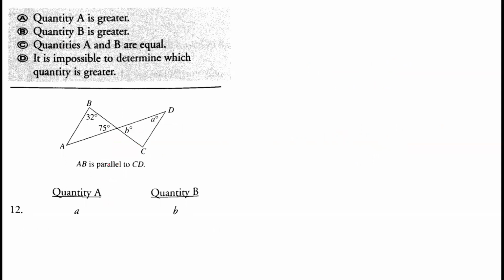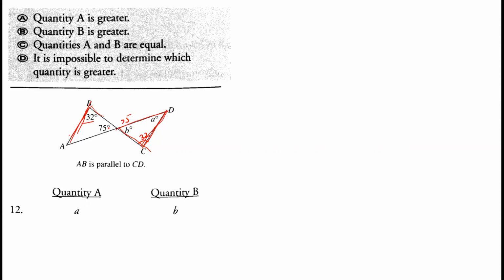So we have this question, AB is parallel to CD. So A and B and C and D. So these are parallel. So if this is 32, then this angle will be 32 as well. If this is 75, then B will be 75. So this is your triangle. In a triangle, there are 180 degrees.